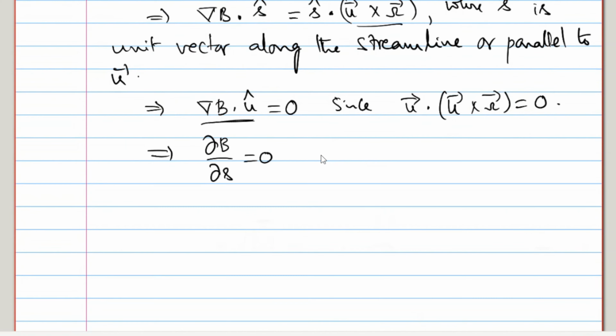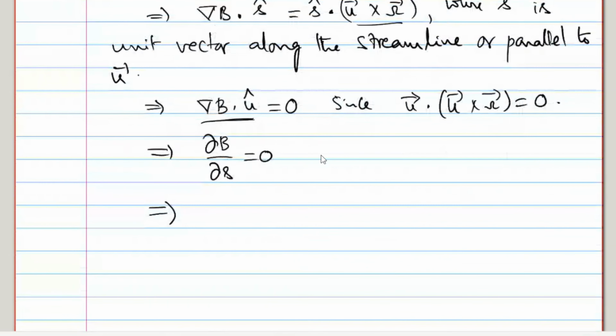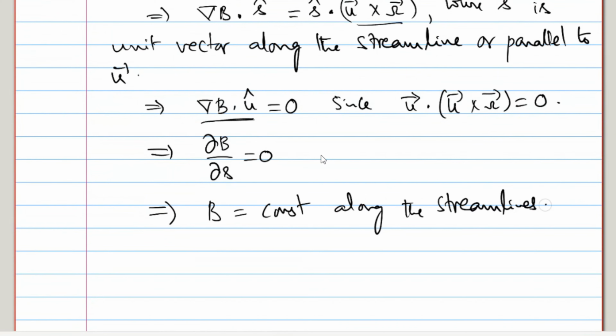So what is this meaning? That means B has to be constant along the streamlines. Right?